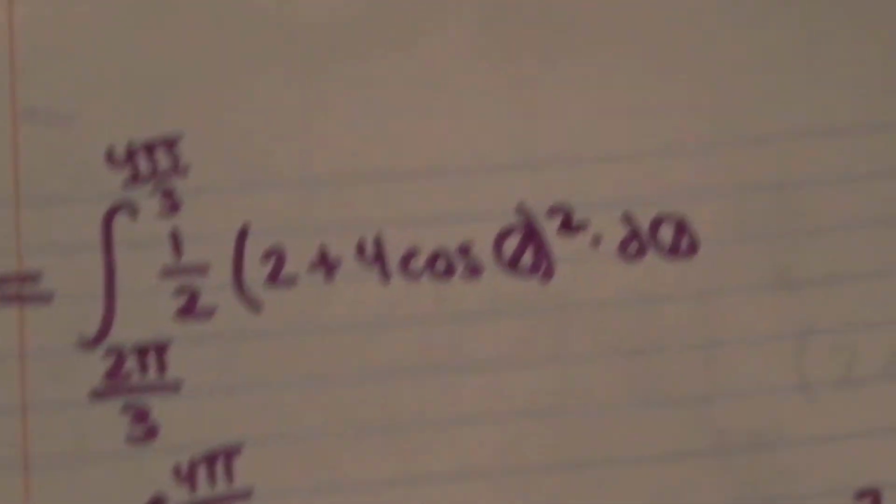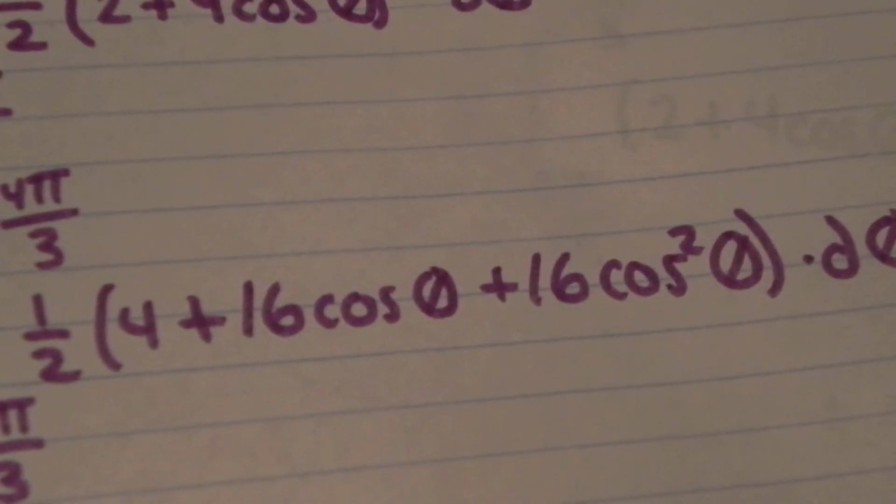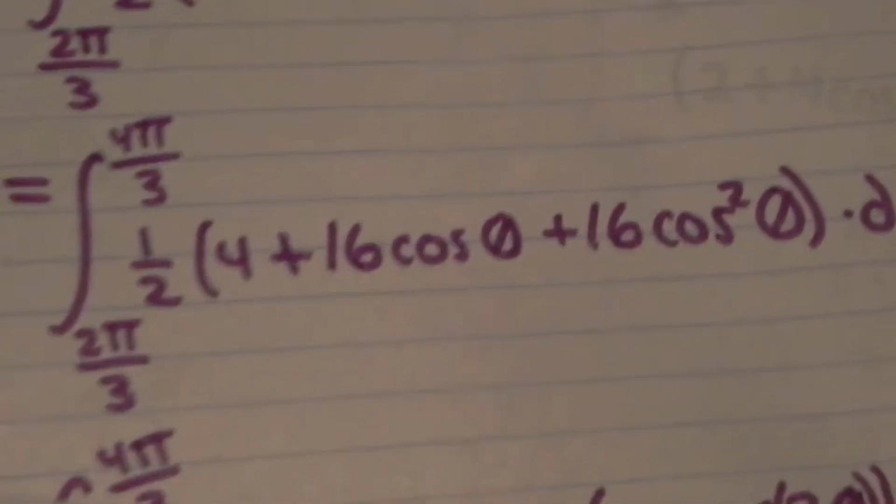you multiply out (2 plus 4 cosine theta) squared to get 4 plus 16 cosine theta plus 16 cosine squared theta.